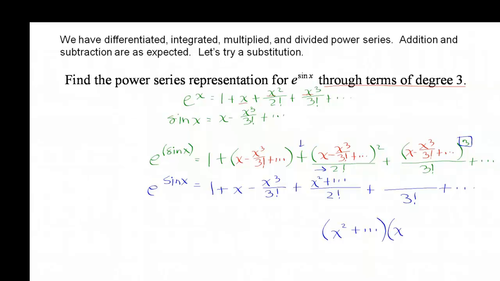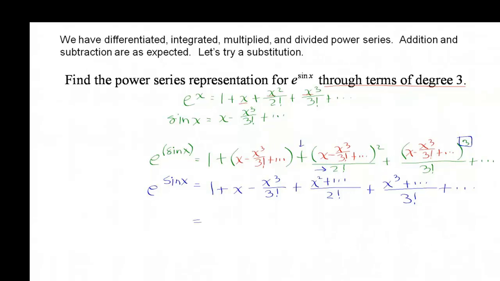So now I'm just going to multiply that by the term a third time. And so you can clearly see here x cubed is going to be the only thing I'm going to pick up, because that's going to yield me an x to the 5th. So since I'm only concentrating on things up to degree 3, that's all I need to show.